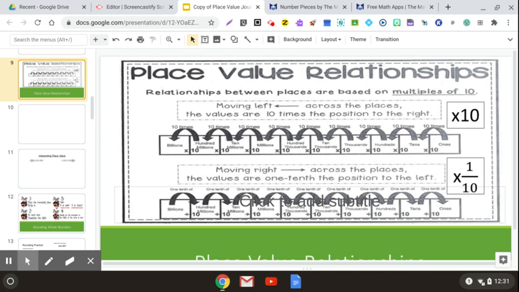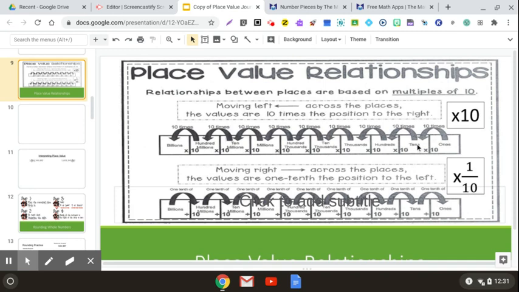This slide looks terrifying. It's got lots of stuff on it, but really and truly, you already know this. Look, it's saying as we go to the left, as we go from the ones to the tens to the hundreds, our numbers are getting bigger. They get 10 times bigger.